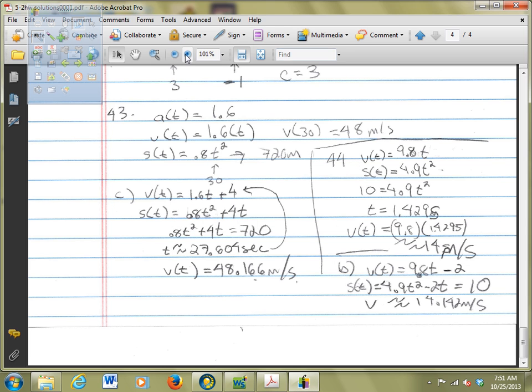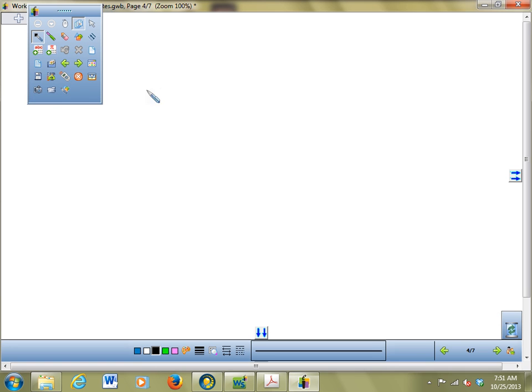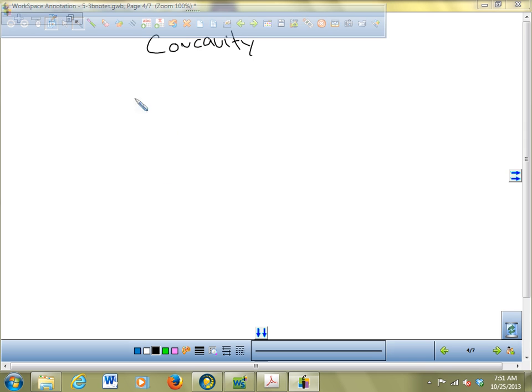So now we're going to talk about concavity and inflection points, really, because concavity goes along with inflection points. If a curve goes like this, that's called concave up.